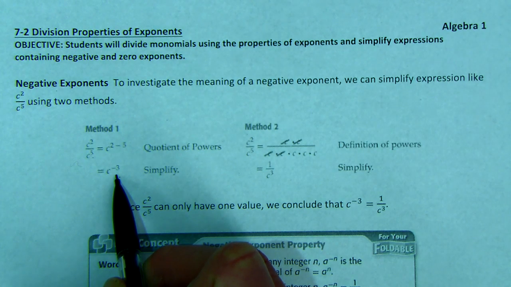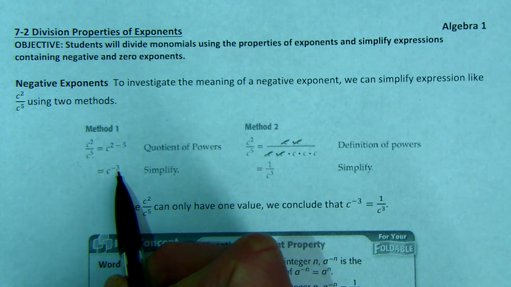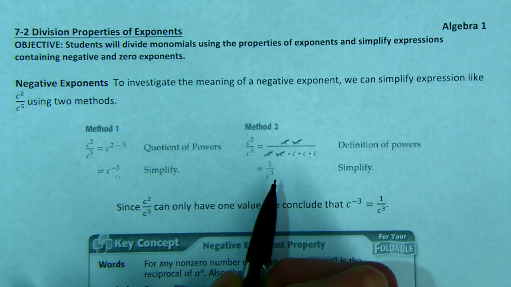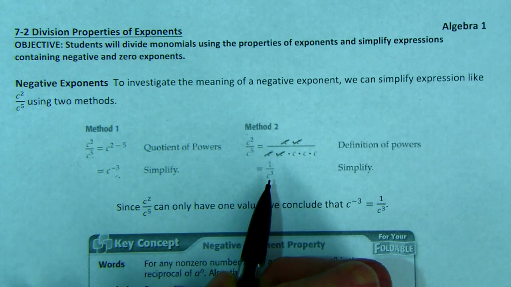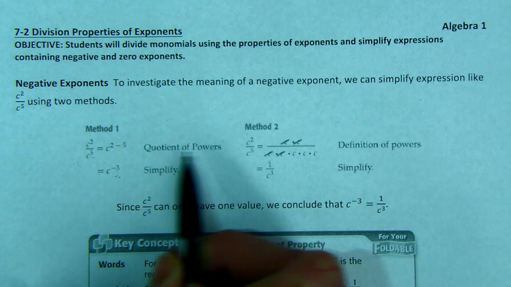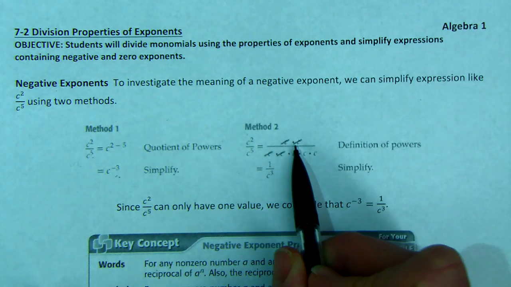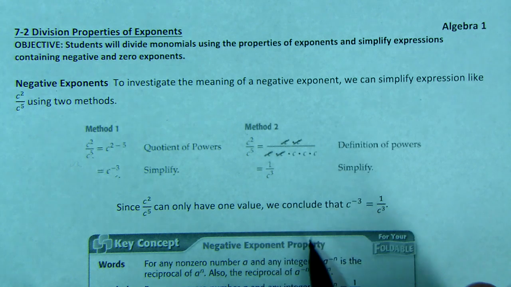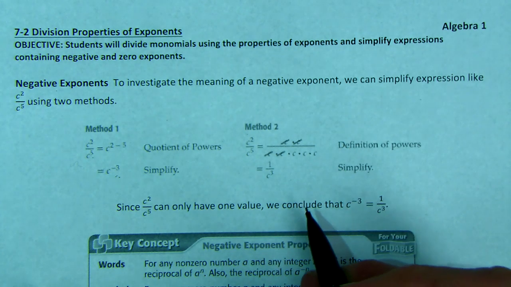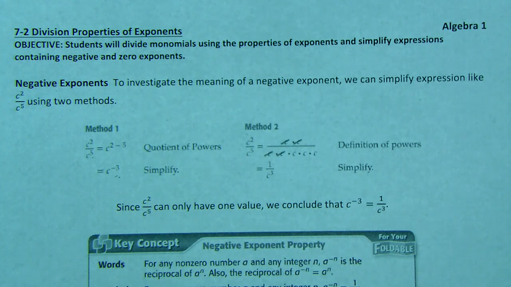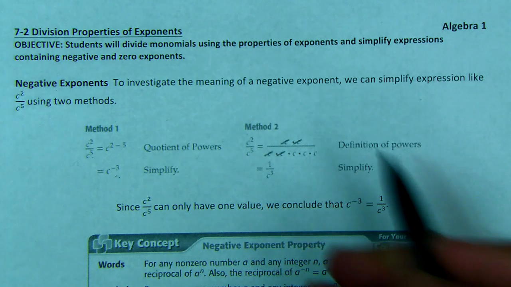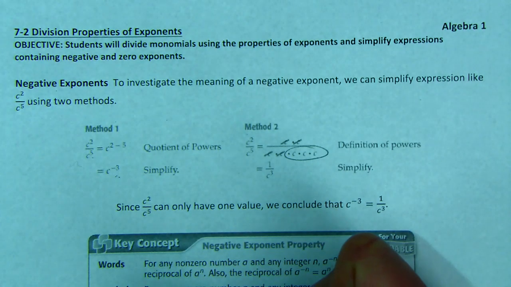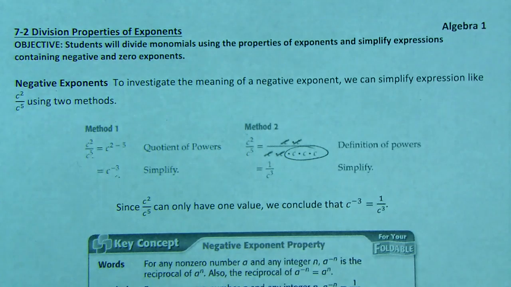That's not considered simplified. So when you get a negative exponent, it actually ends up in the denominator as a positive exponent. Take a look at this in the long version: if they wrote out c times c on the top and then c times c times c times c times c on the bottom, and we cancel, we have leftovers, but where are they left over? In the denominator. So it is 1 over c to the third.